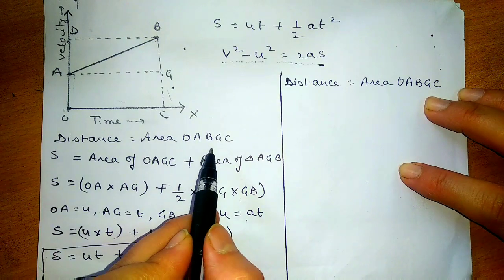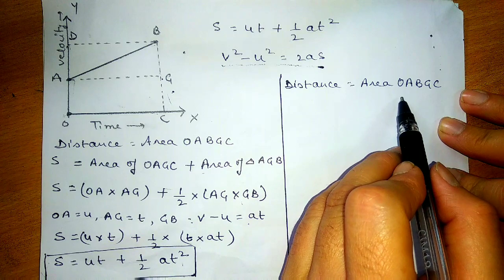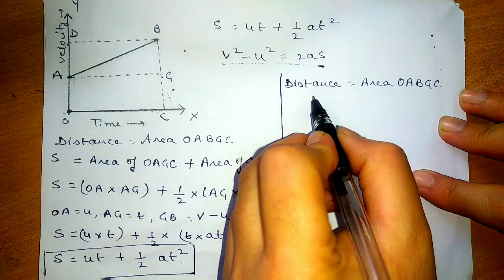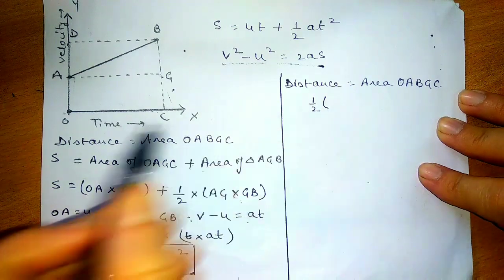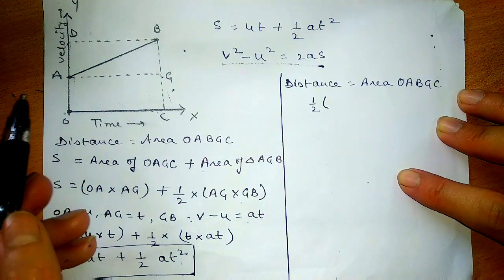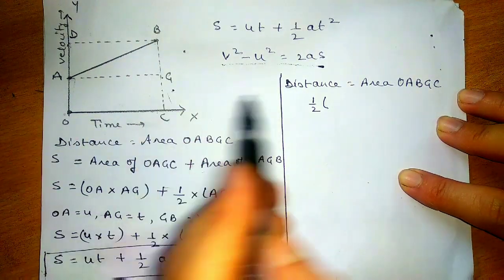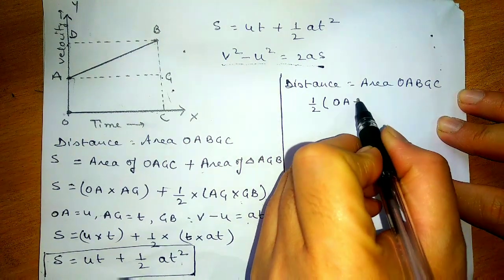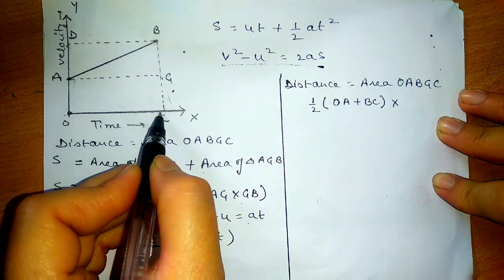We took this here also. Now this is a trapezium. What is a trapezium? The area of a trapezium is half of the sum of the parallel lines. Which parallel lines do we have? OA and BC. OA plus BC multiplied by this height.